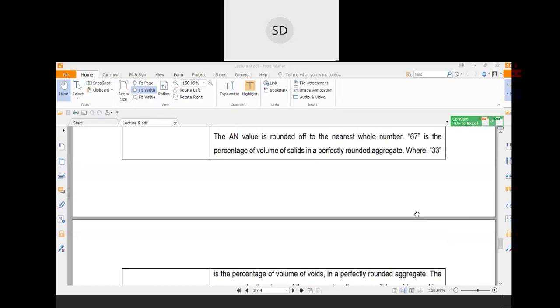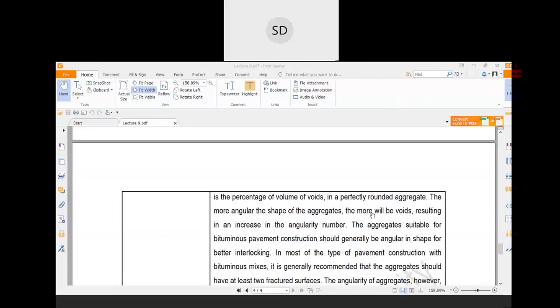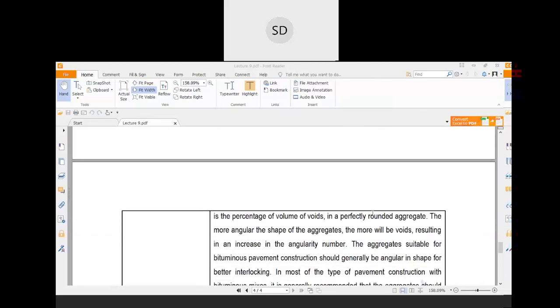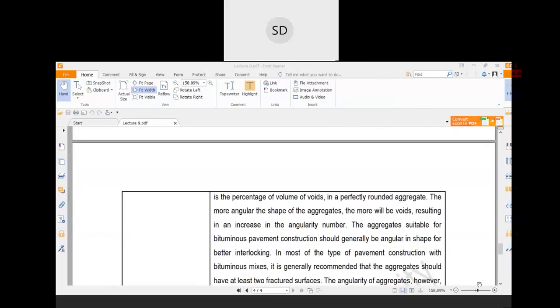Therefore in this case 67 is considered, because if you use the perfectly rounded aggregate, you will get the volume of your aggregate particles as 67%. I think this portion is clear, why 67 is considered.